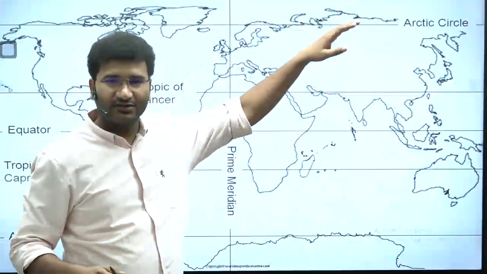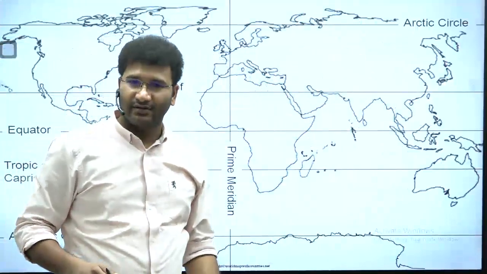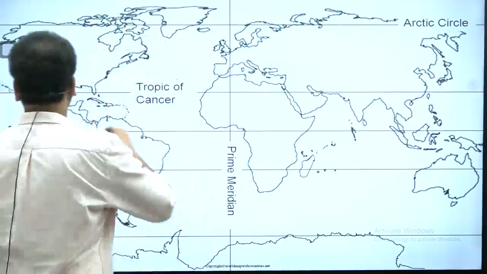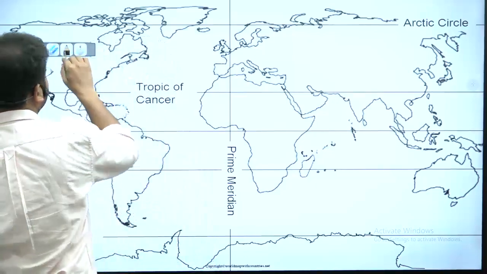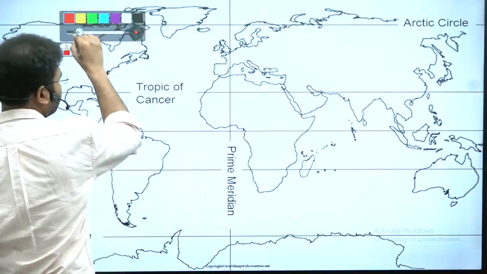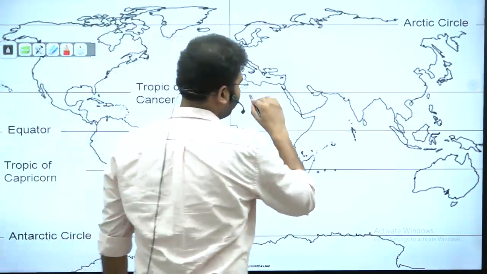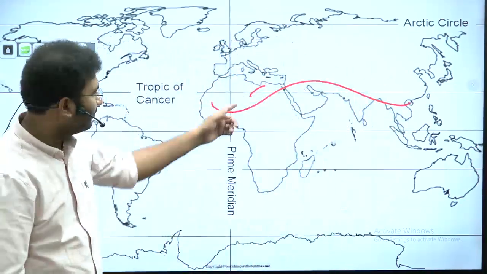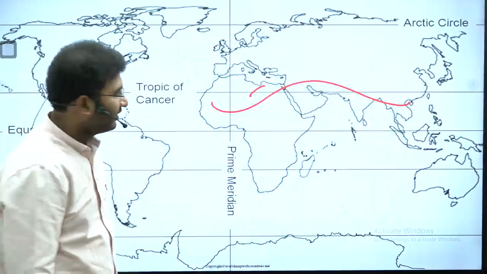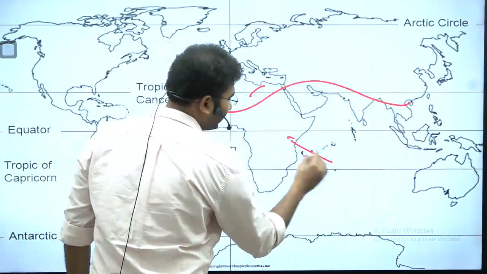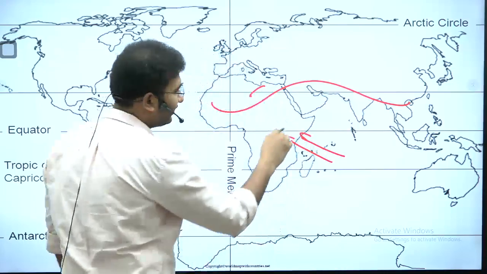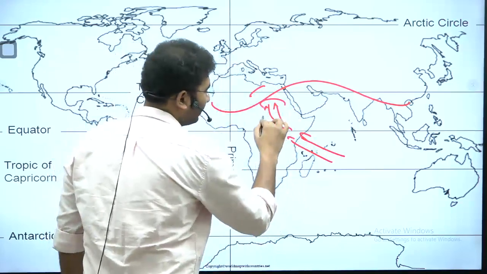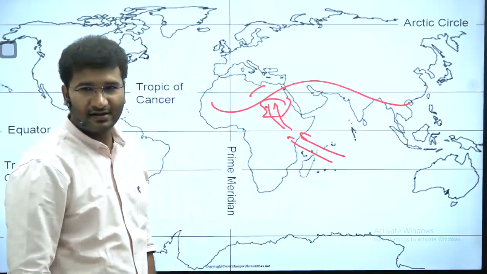Whatever the winds go towards the north, they have to reverse. Seasonal reversal is there. So here, this is your ITCZ season. What about Africa? In Africa, the winds come here, and with too much continentality, you'll see the winds going in and they are raining. Right?